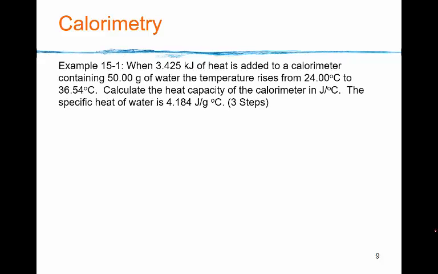So let's dive in and start on one. We have 3.425 kilojoules of heat that's added to a calorimeter, and it has 50 grams of just water in it, a pure substance, and the temperature goes from 24 degrees to 36.54 degrees Celsius.